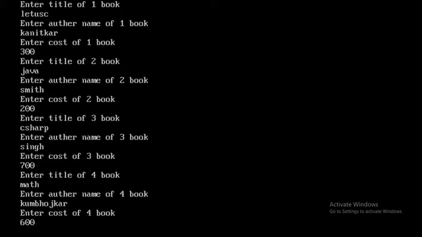Now just observe this data carefully. I have provided the details of four books. The first book is let us see, and its cost is 300. The second book is Java, its cost is 200. The third book is C Sharp, and the cost I have provided is 700. And the last book is maths, and the cost is 600.